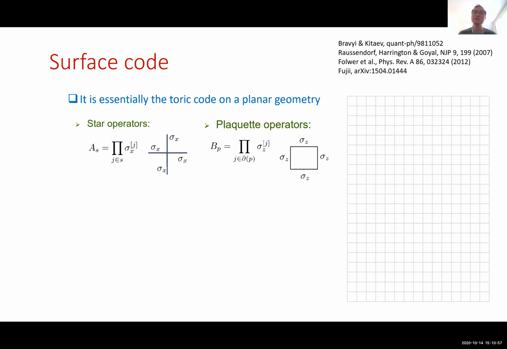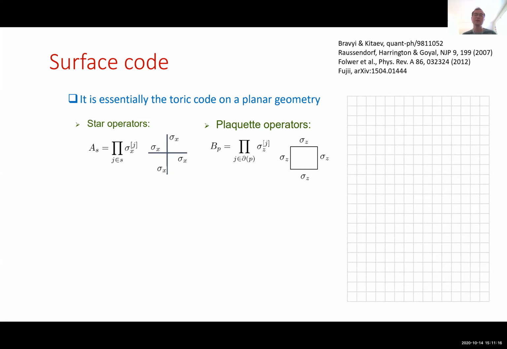So therefore, you also need to do the magic state distillation. So this is why I introduced the magic state distillation in the beginning, because firstly, it solved the Ising anyon problem, and secondly, it can also be used to solve the surface code problem.